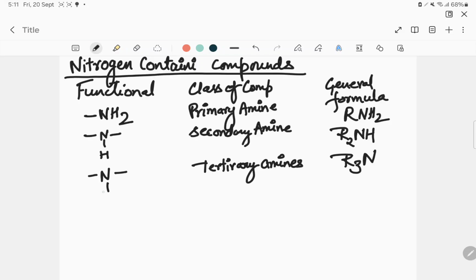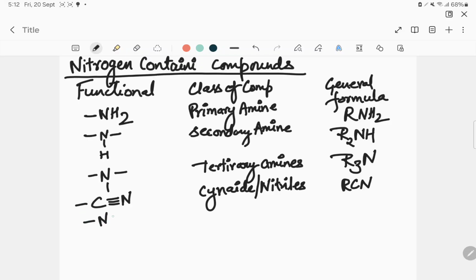Then we have another class of compounds, with a C triple bond N, which are known as cyanides or nitriles. They have the general formula RCN.